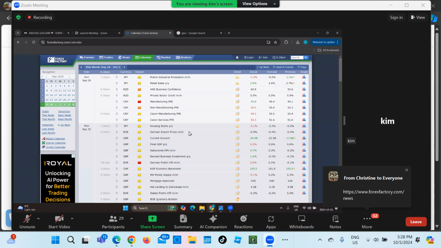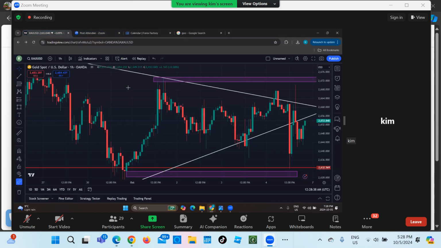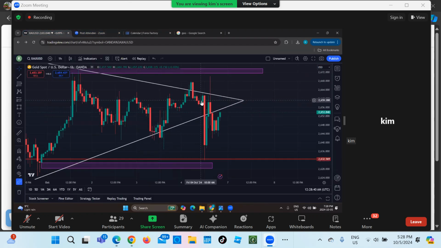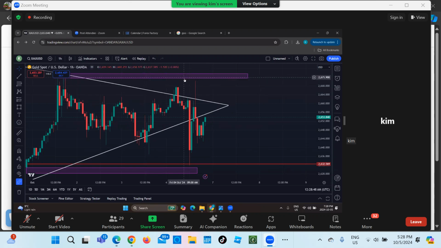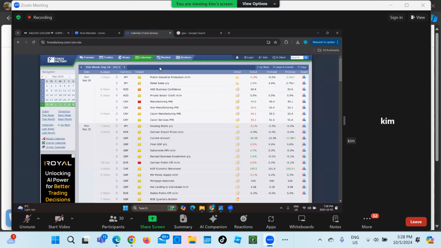Okay, this is how the news works. A red folder means high impact, high volume, and the market moves fast. Just like this one right here. That was on Friday. It was supposed to go up to 2670 during that time, instead it went down, because the news pushed it down last week.